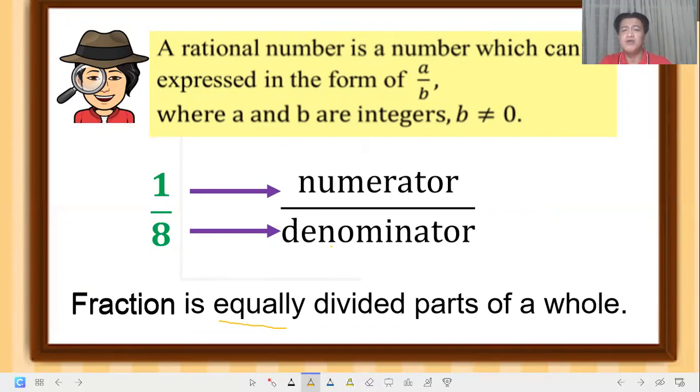Yung nasa ilalim, we call that denominator. Okay, ano yung pagkakaiba nila? Yung denominator po, ito po yung shows how many parts or how many pieces of pizza it is equally divided into. Yung numerator naman, it tells how many pieces of pizza you have. Yun yung ibig sabihin ng numerator at denominator.